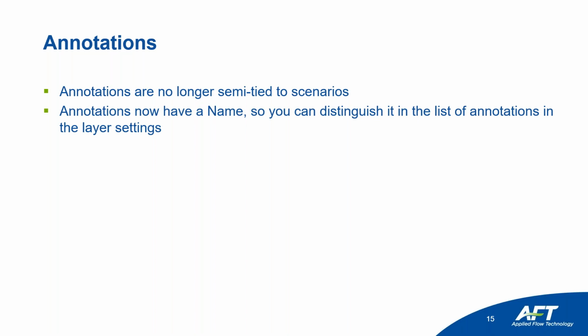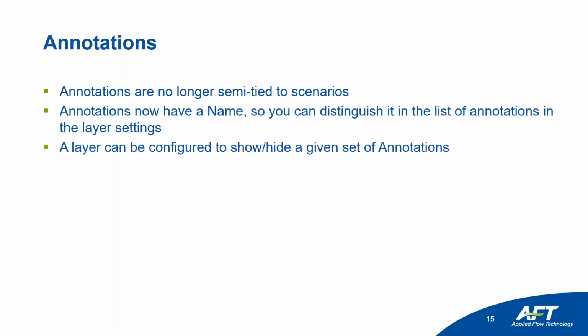Annotations now have a name so you can distinguish it in the list of annotations in the layers area. You can see them and see the annotations that you want to show in each layer. A layer can be configured to show or hide a given set of annotations. Other drawings behave similarly.